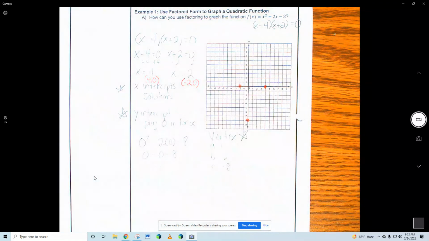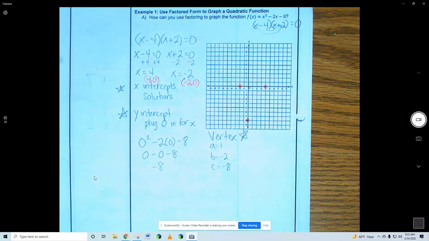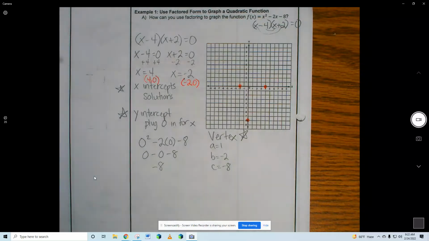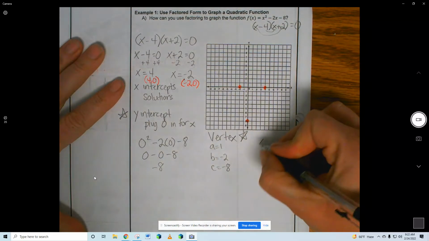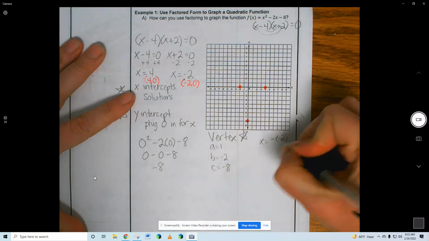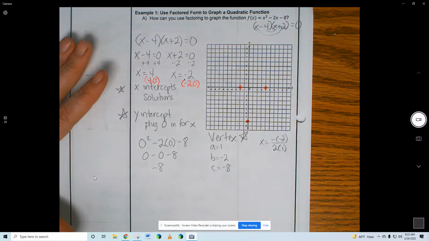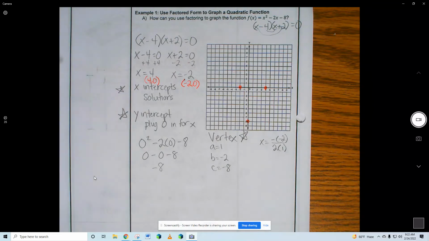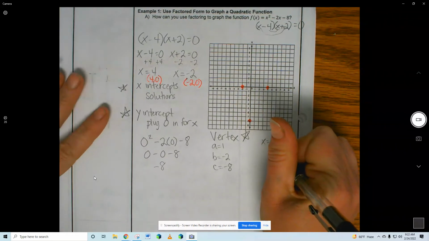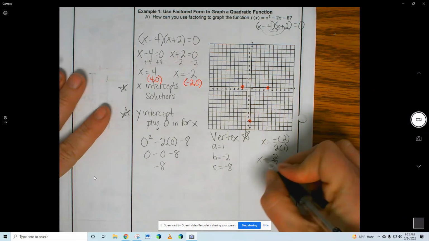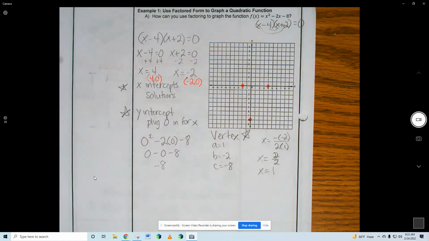The vertex is x equals negative b over 2a. Negative negative 2 over 2, which is 2 over 2. This is the part that many of you still struggle with, finding the vertex.